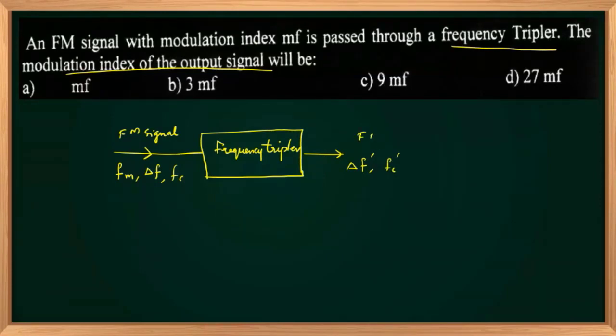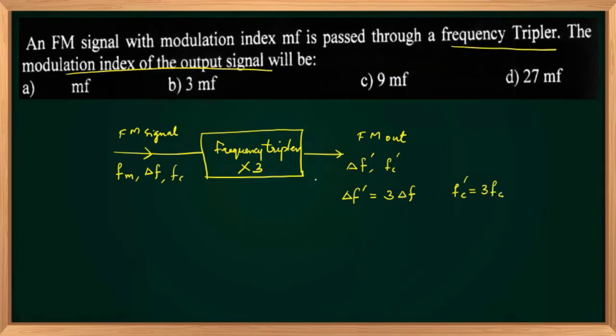So we'll get an FM output with a deviation delta F dash equal to 3 into delta F. The center frequency FC is also multiplied by 3 times.